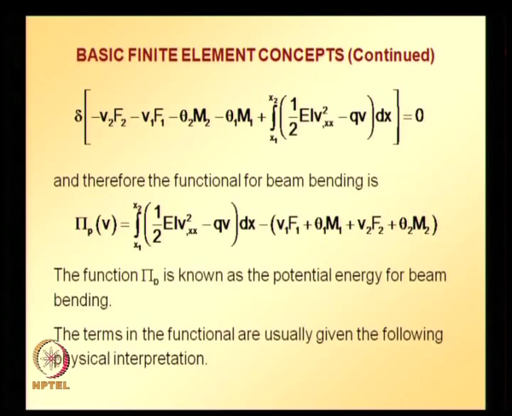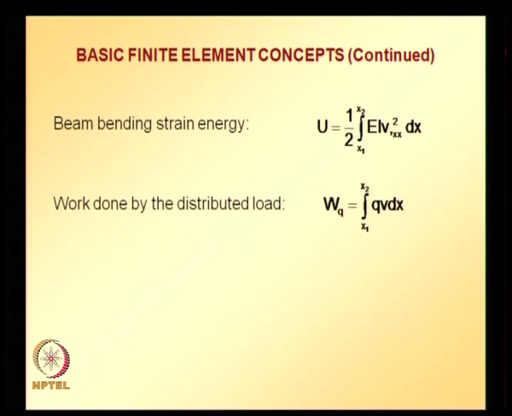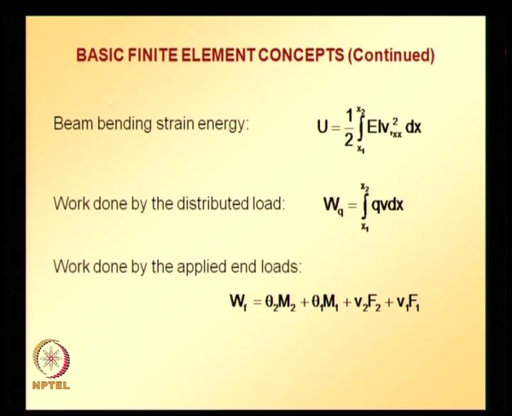The terms in the functional are usually given by the following physical interpretation. The first term is beam bending energy, the second term is work done by the distributed load Q, and the third term is work done by the applied point loads or end loads, which is given by rotation times moment at both ends plus transverse displacement times force at both ends.